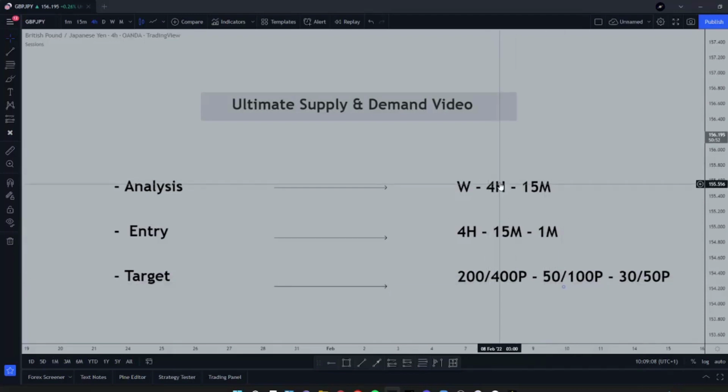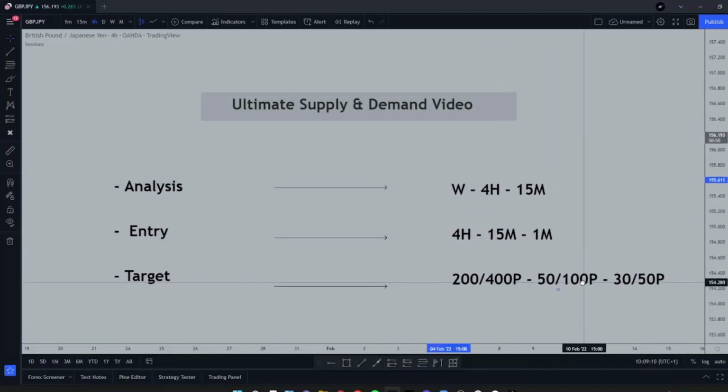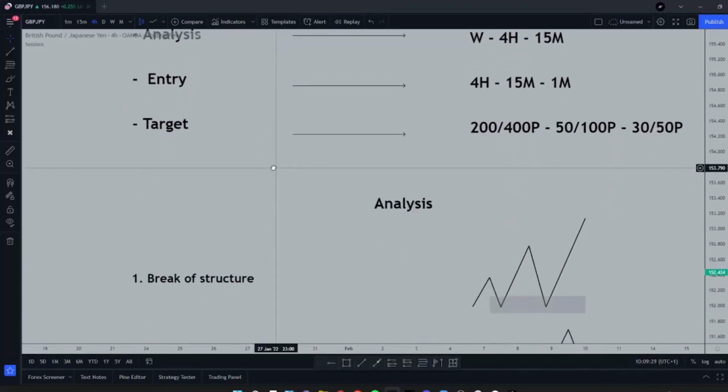For 4-hour zones with 50-minute entries, 50 to 100 pips is definitely a nice target. And for 15-minute zones with 1-minute entries, 30 to 50 pips is more than enough. You don't need to be greedy. We will go more in depth on targets, and you can combine this with other targeting methods, which we will talk about very soon.